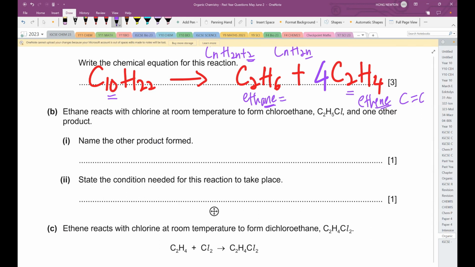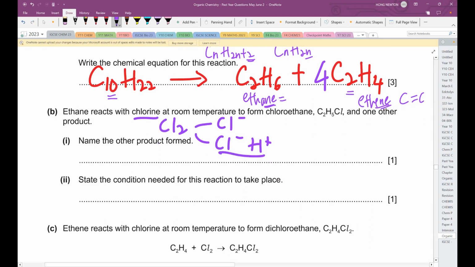We know that this product is actually hydrogen chloride, because the chlorine is Cl2, right? One chlorine is going to pair with the ethane, and another one is going to pair with the hydrogen. So this one here is another product, which will become the hydrogen chloride.